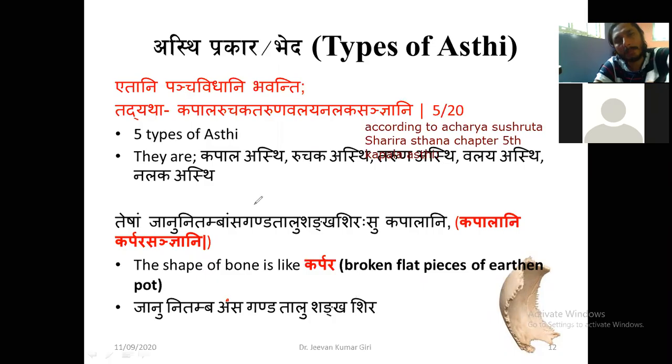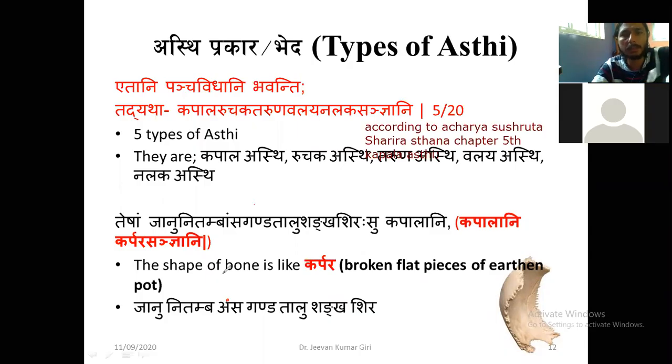The meaning of Kapala is given by Acharya Dallana: Kapalani, Karpara Sangyani. That means the shape of this bone is like a broken piece of an earthen pot, a pot made of clay. If you break the earthen pot, you will find a piece that is flat.